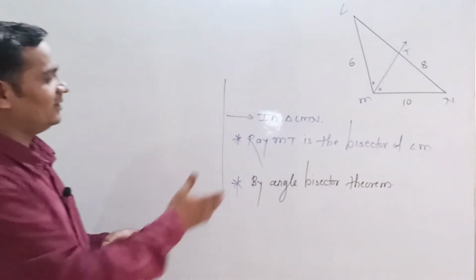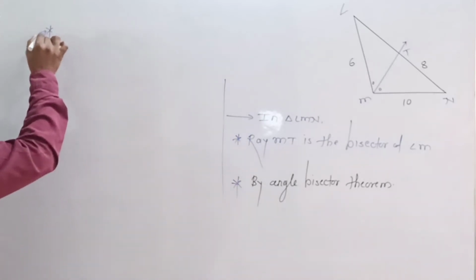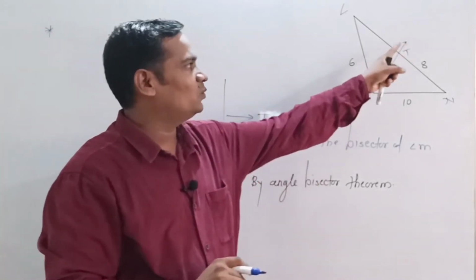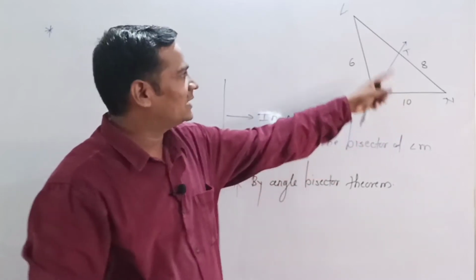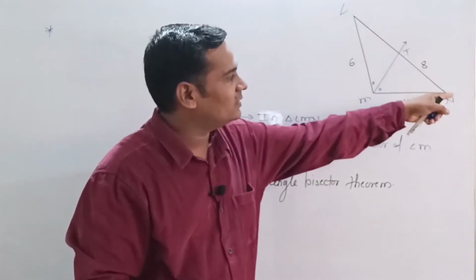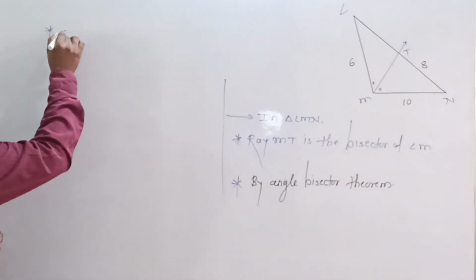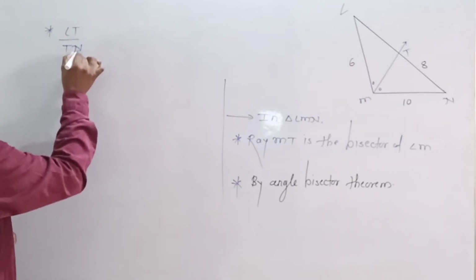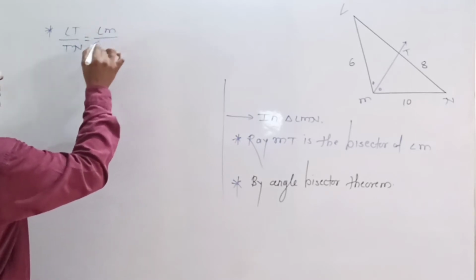Now what will be that angle bisector theorem? We can write here the angle bisector theorem. This ray MT divides the opposite side in the ratio of the remaining two sides. That means the ratio of LT and TN, LT upon TN is equal to LM upon MN.